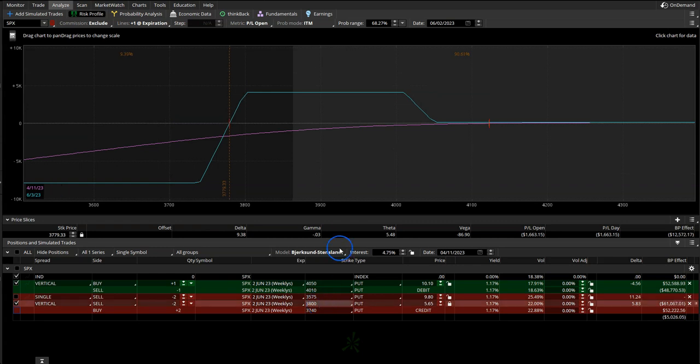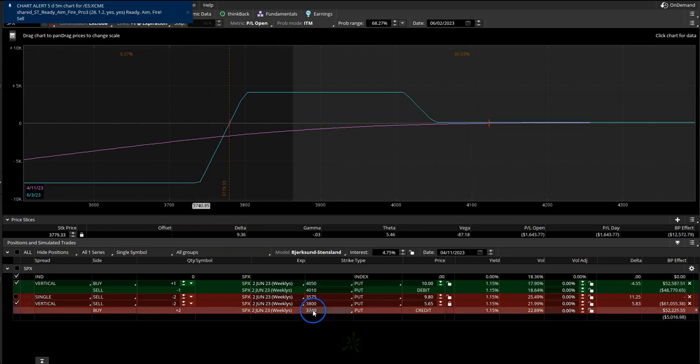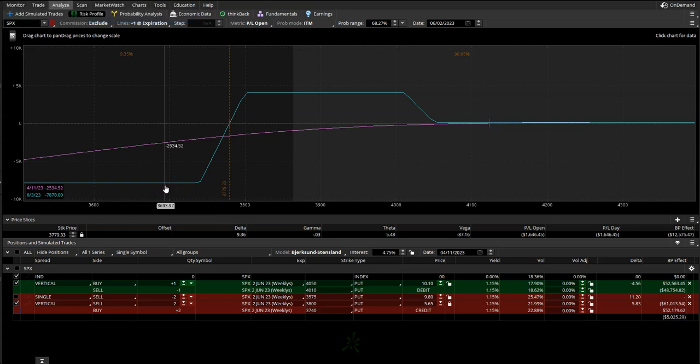The risk here, we could only lose on the downside, which means that if SPX at expiration is below the long leg of our put credit spread, 37.40, this trade will produce a max loss. The max loss is figured out by looking at the difference between these 2 spreads, between the put debit spread and the put credit spread.